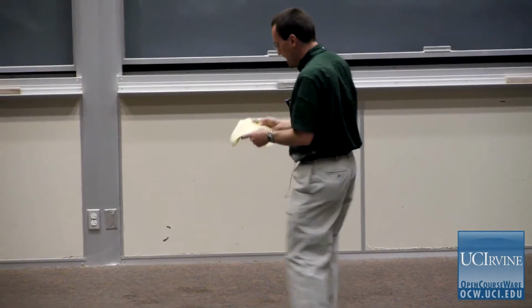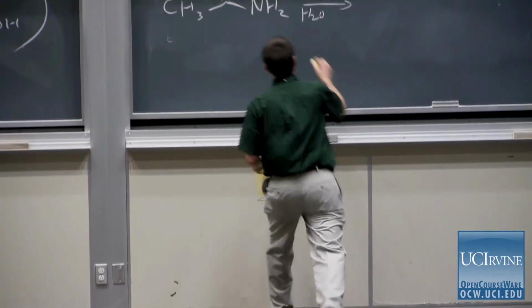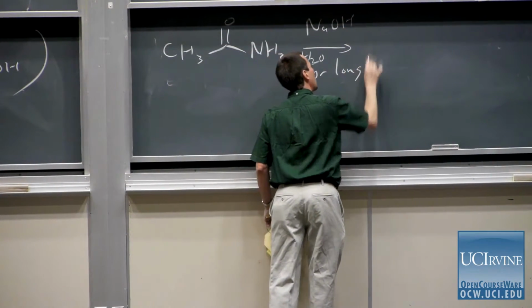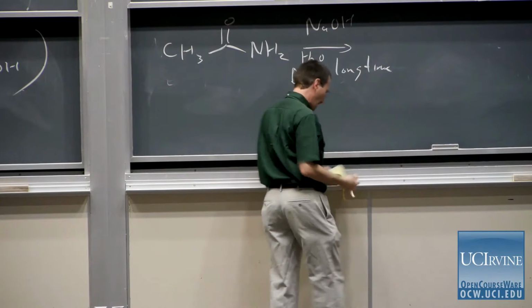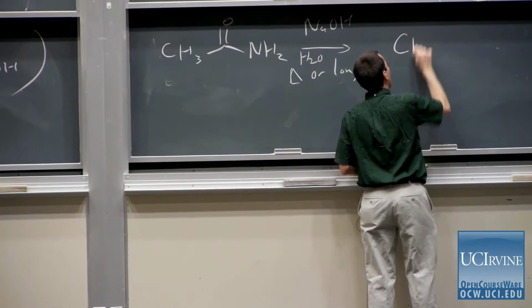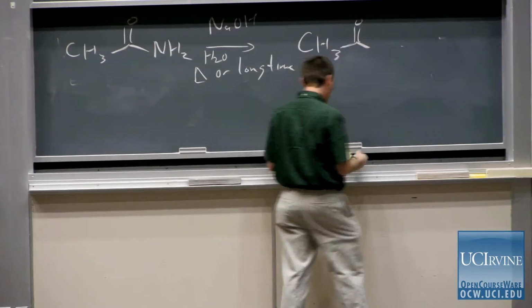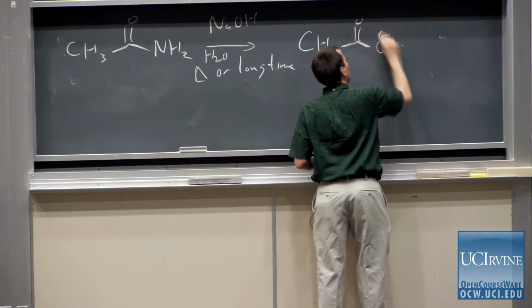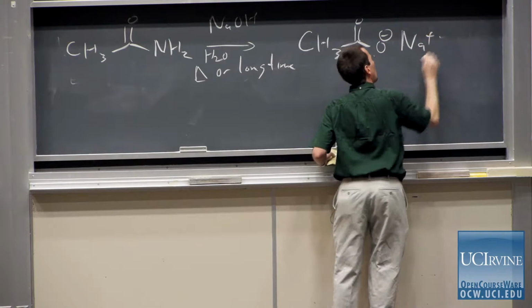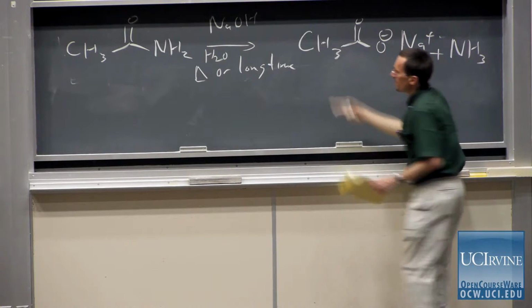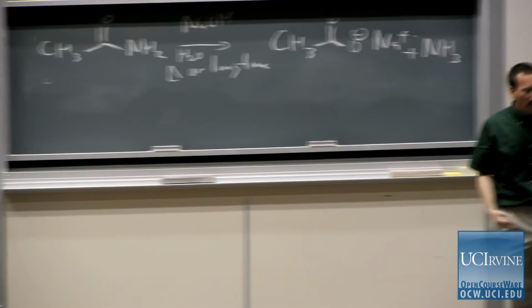I'd say long time or heat to make it react. So let's say delta or long time would be how I describe this. And again, we get hydrolysis, we get cleavage by the sodium hydroxide to the carboxylate salt. And in this case, since we have a primary amide, to ammonia.